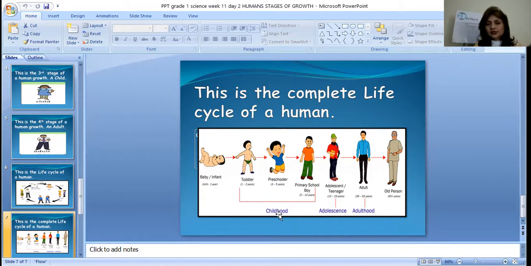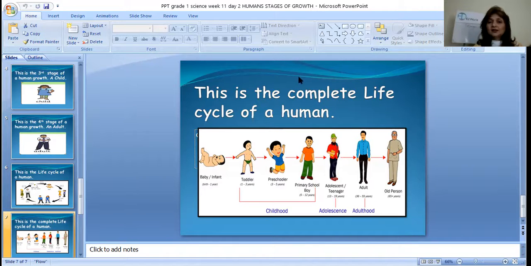Now stages 1, 2, 3, 4 are for our childhood stages. Then comes the adolescent stage, and then comes adulthood. So first in childhood, what will we have? We will have a child, a toddler, a preschooler, a primary schooler. Then in adolescence, we will have teenagers. And later on in adulthood, we will have adults and old persons.